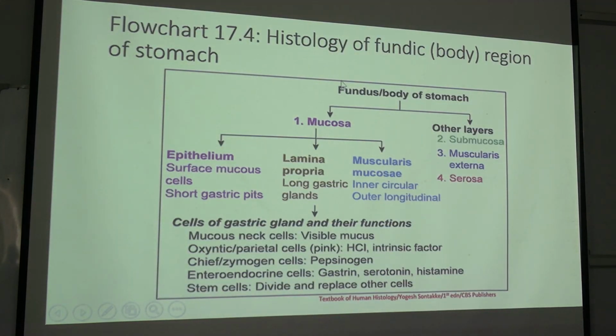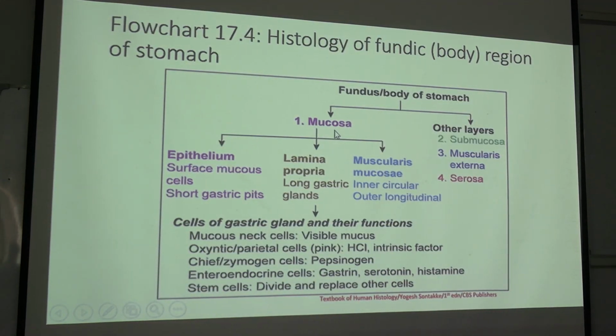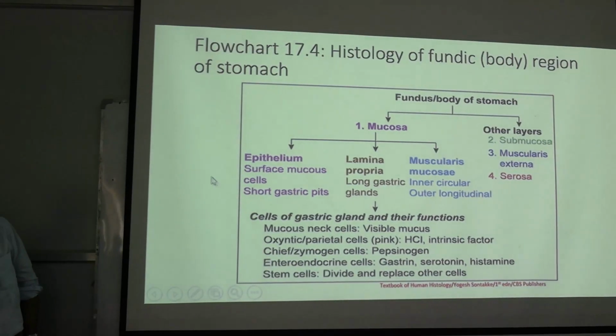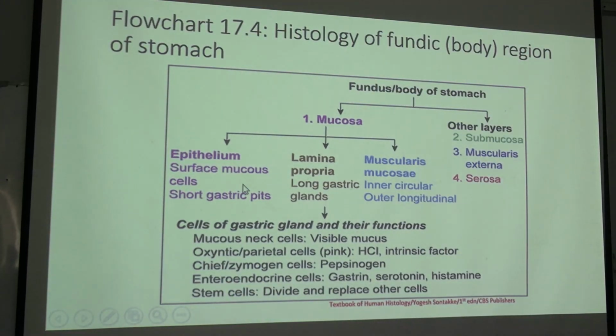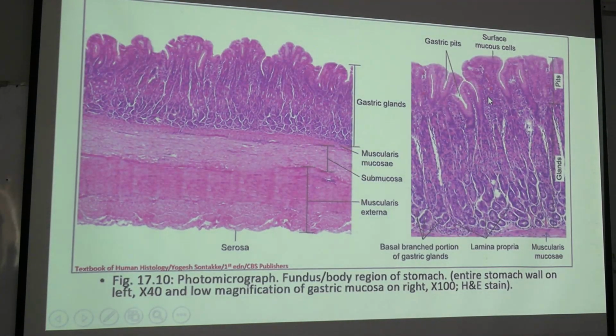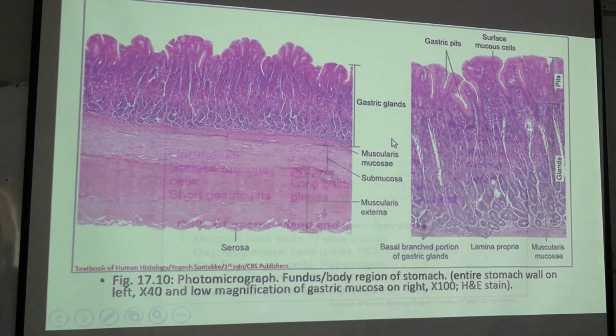Now within these regions we have the mucous region, which has an epithelium with surface secreting mucous cells, and then we have the gastric pits. From this pit it is burrowed deep within the lamina propria, long gastric glands, which are basically the gastric canals getting in. So these gastric canals become a long pit like structure, fitted with some kind of secretory elements.